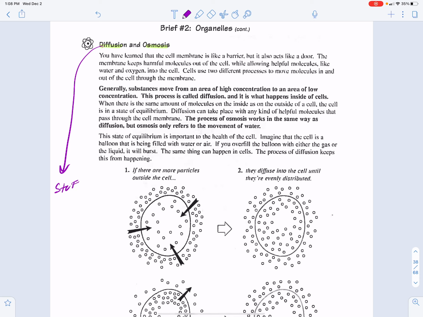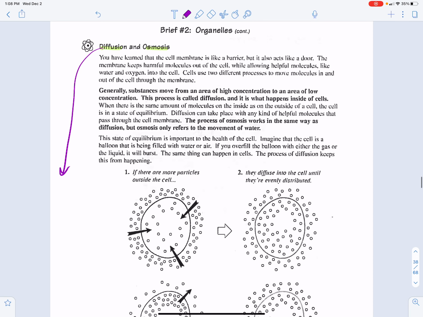Doesn't matter what the stuff is. This stuff is going to move. So in the case of diffusion, stuff, no matter what the things we're talking about are, always going to move from where there are more to where there are less.